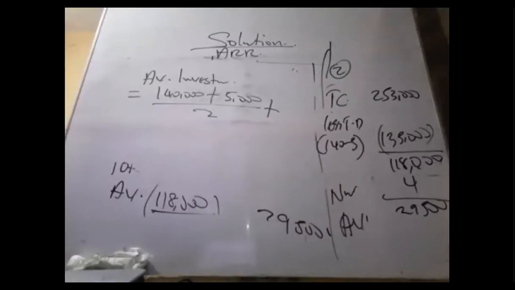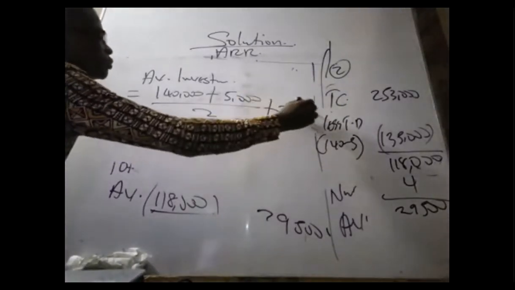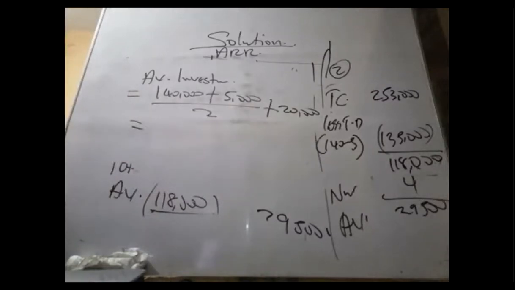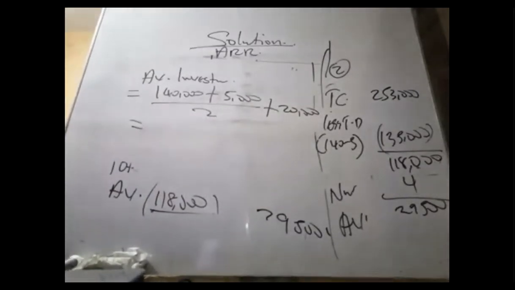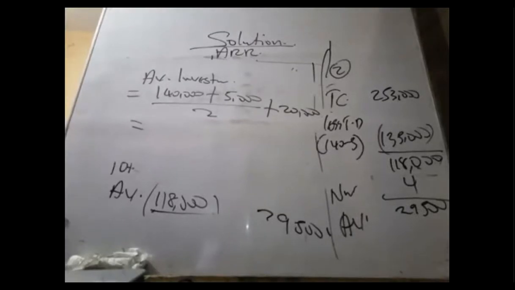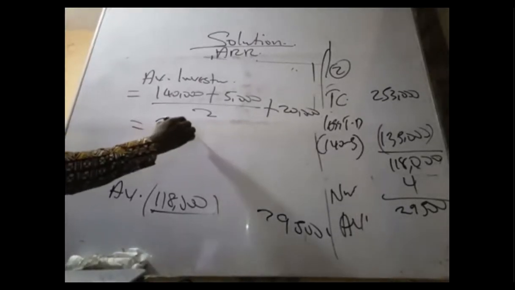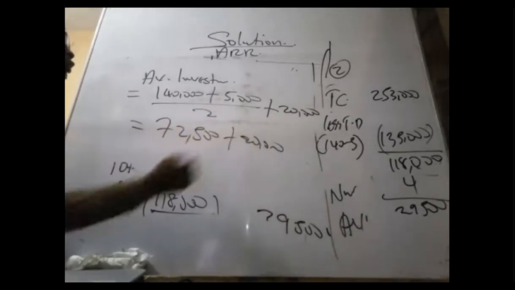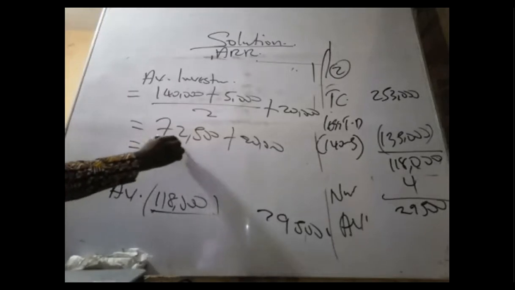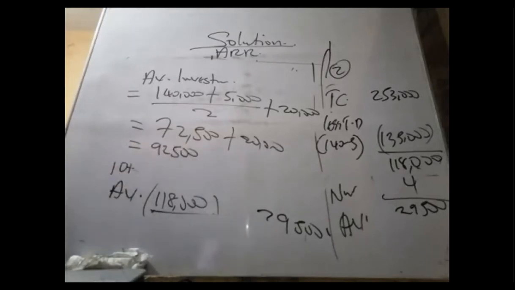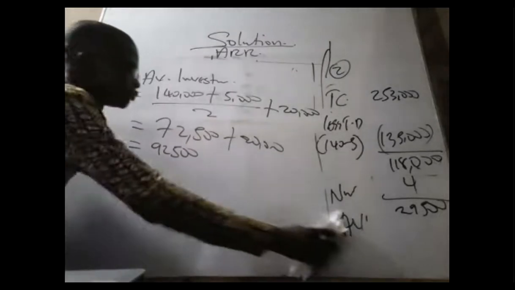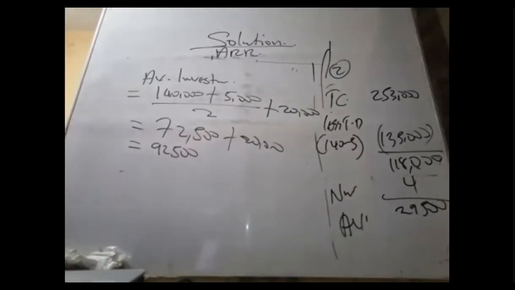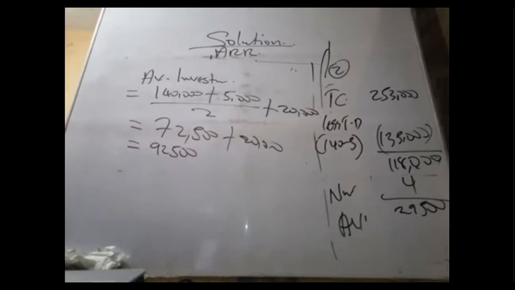So 20,000, right? This will give us 145,000, so that is 72,500. So 72,500 plus 20,000, right? That should give us 92,500. That is the average investment. Now what happened is this.